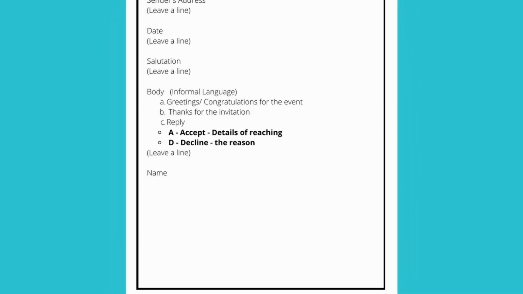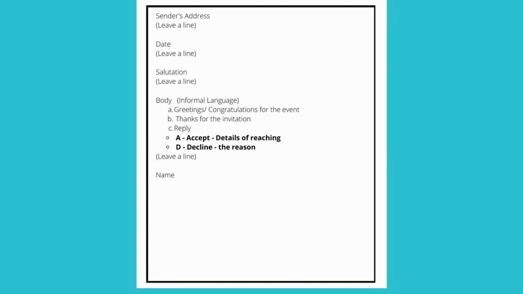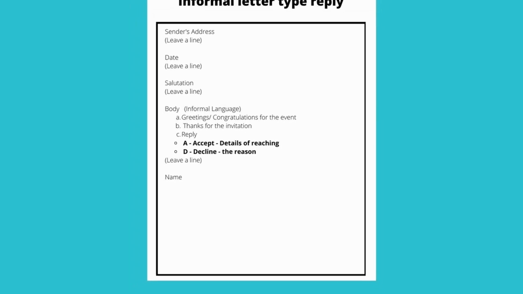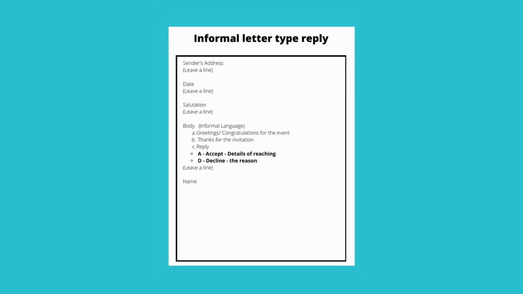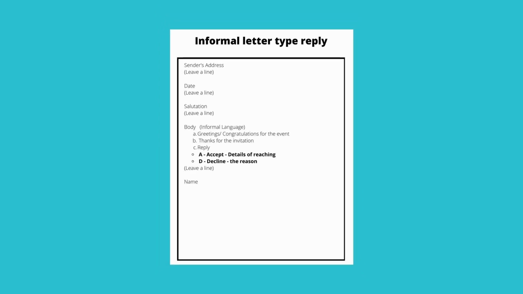So here again, we need to first thank for the invitation. Second, congratulate on the event that is going to take place. Third, whether we are able to make it or we are not. In case we are going to go and attend, we need to tell when we are reaching there, how we are reaching there, such that they can receive us.